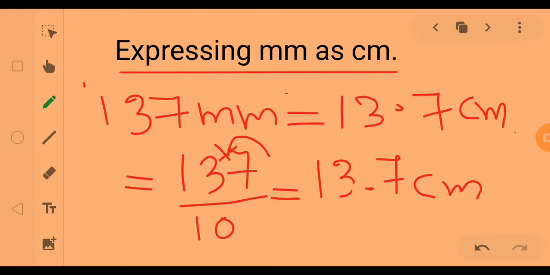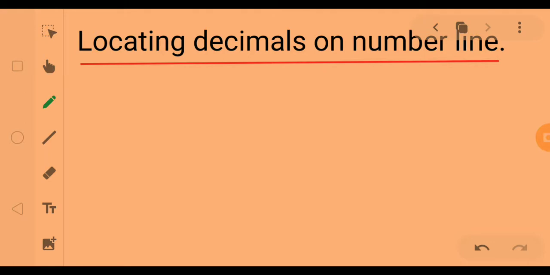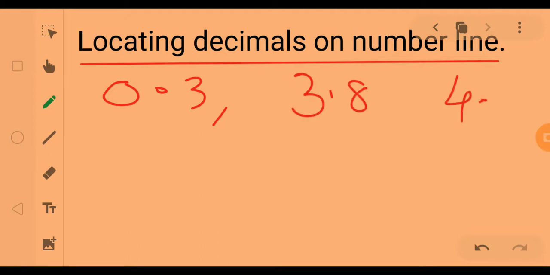Next let us learn how to express decimals on a number line. A few decimal numbers are given, say 0.3, then 3.8, then 4.8. Let us take another decimal, 4.5.